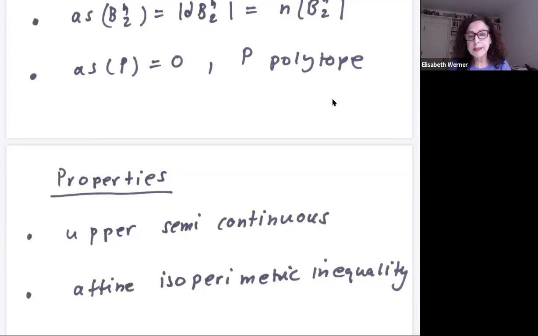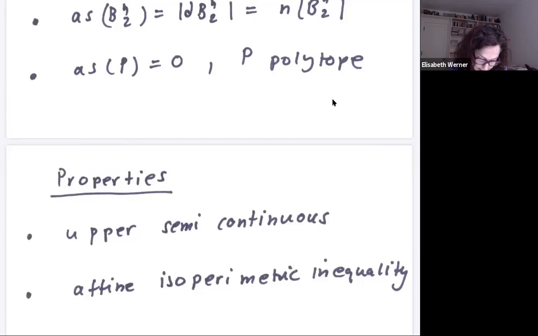I'll formulate it more formally a little bit later, but that's the short version. This affine isoperimetric inequality is extremely useful because it lets us decide in many situations where ellipsoids are extremizers. It lets us solve extremal problems when ellipsoids are the extremizers.